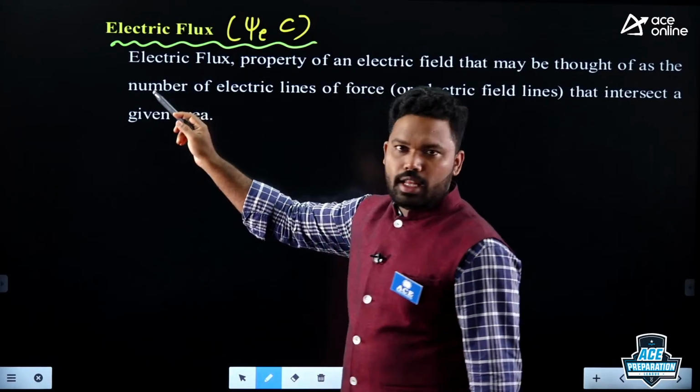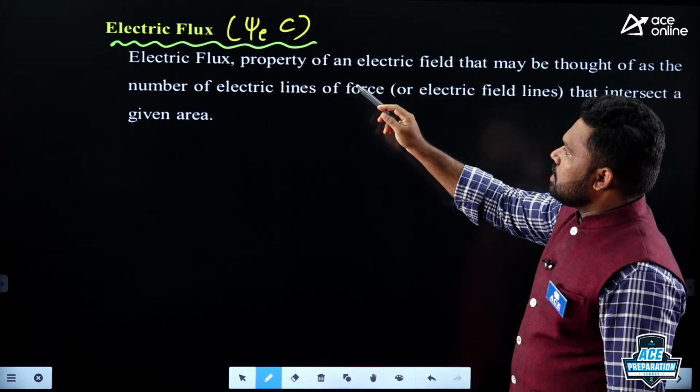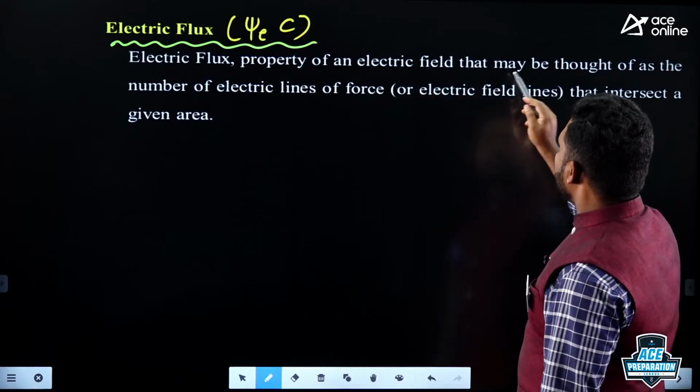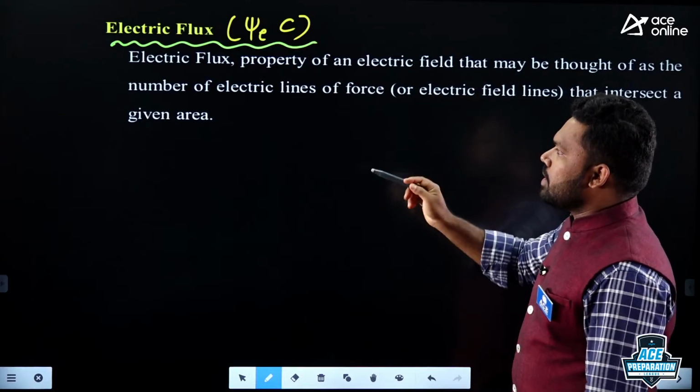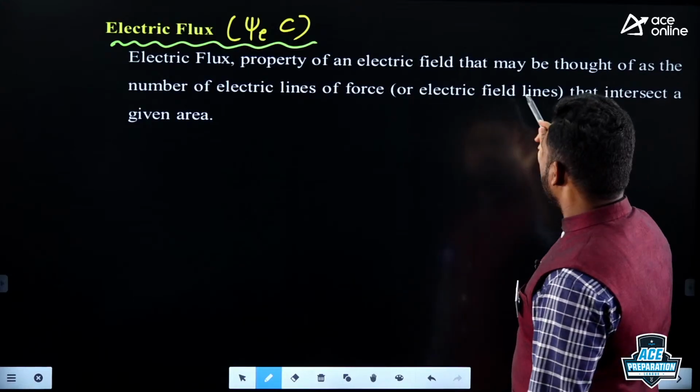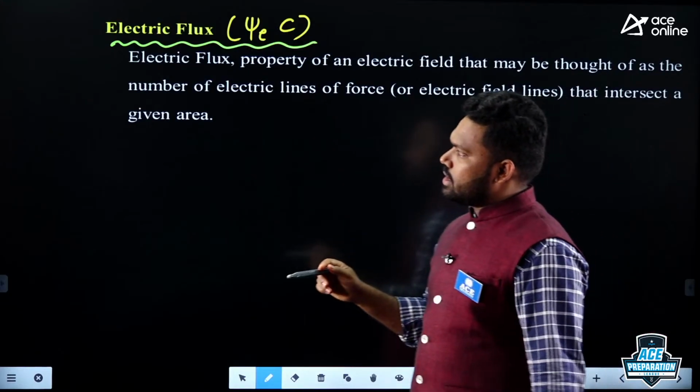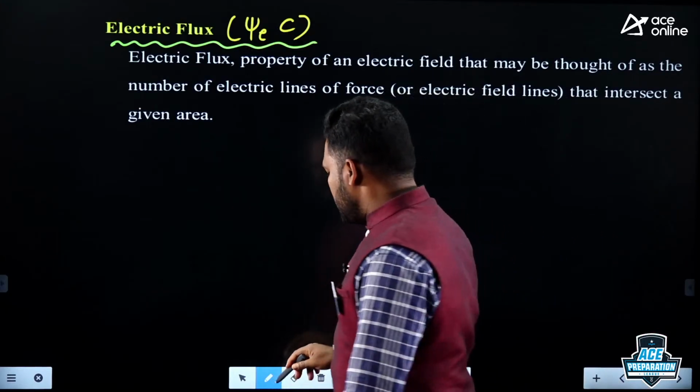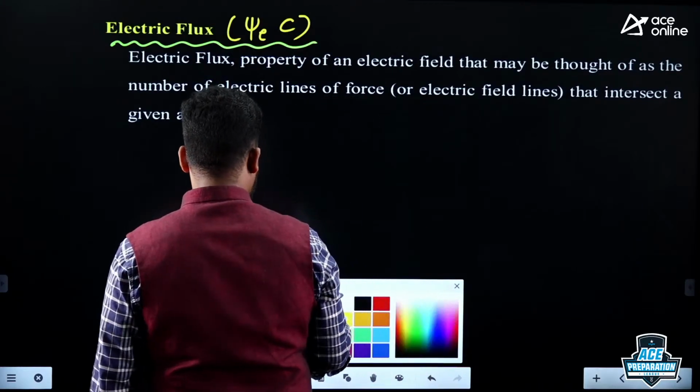Just read out. Electric flux, a property of an electric field that may be thought of as the number of electric lines of force or electric field lines that intersect a given area. Let me explain this with the help of a diagram.